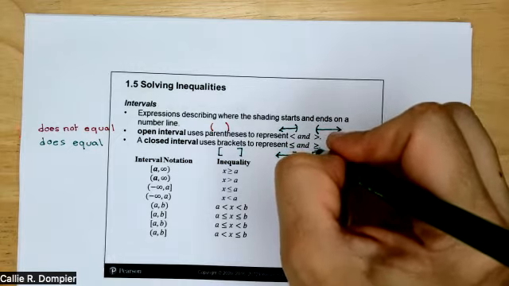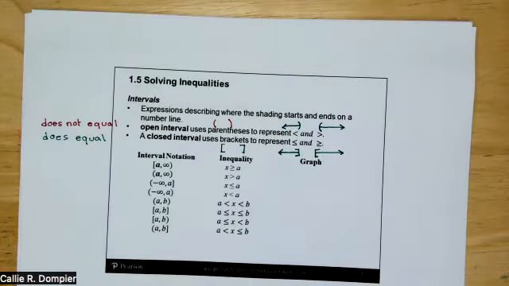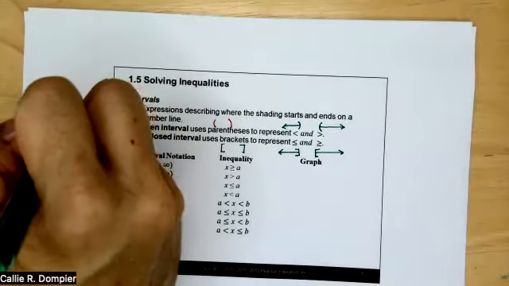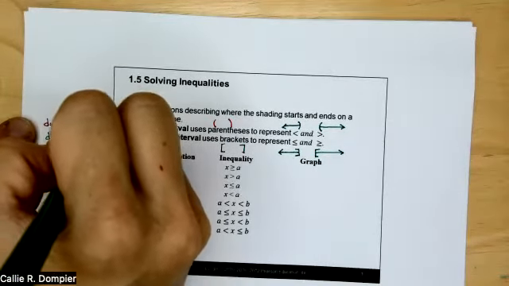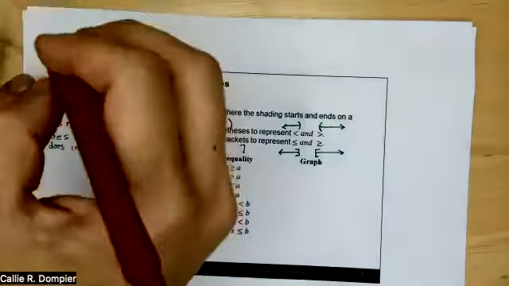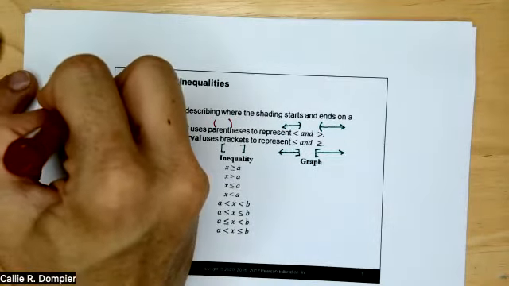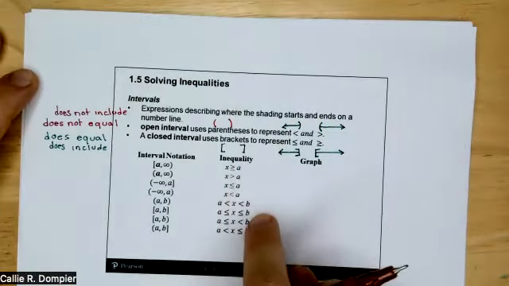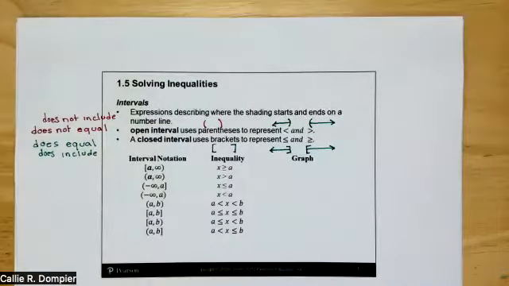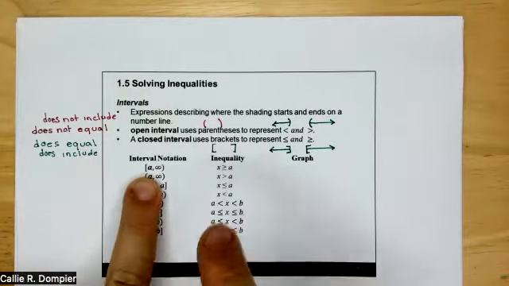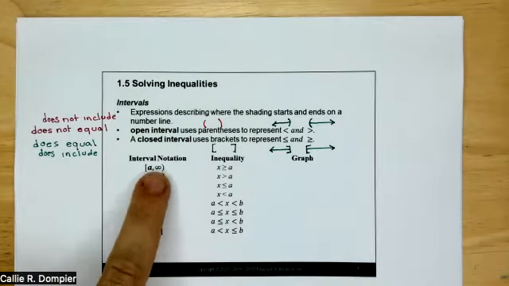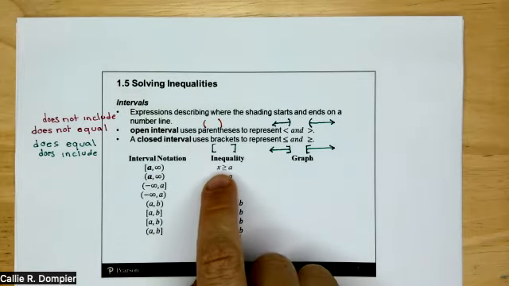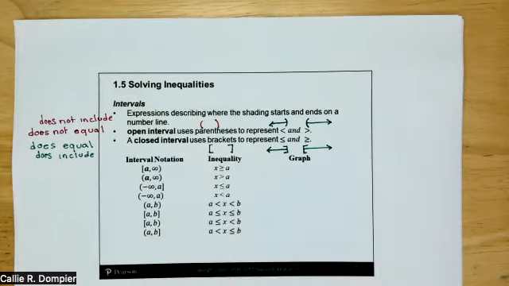Or if it's greater than or equal to, it will go to the right. Does equal or does include. Does not equal or does not include the term itself, right? In this case, they're all A or B. So the interval notation that uses a bracket, the number, a comma, the symbol infinity, and then a closed parenthesis means x is greater than or equal to that number. Okay?